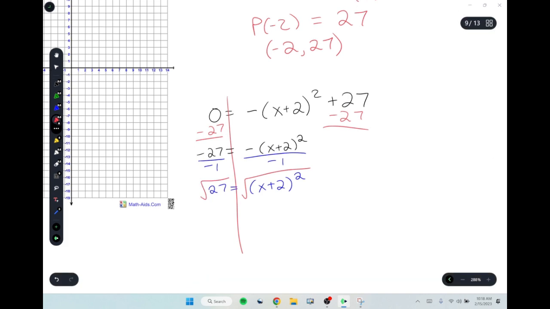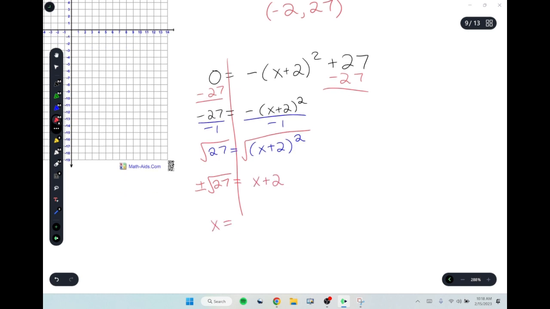It's not just the root of 27, it's plus or minus root 27 equals x plus 2. We're almost done. X equals plus or minus root 27 minus 2.